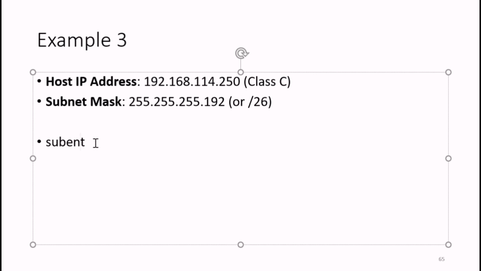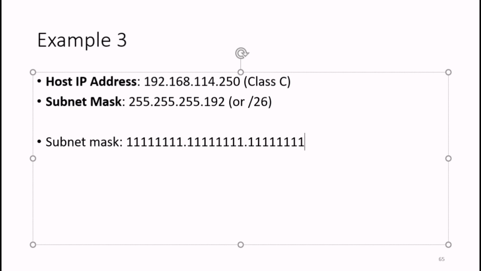So the subnet mask in binary will get, here we have 24 bits and we need to add another 2 bits.